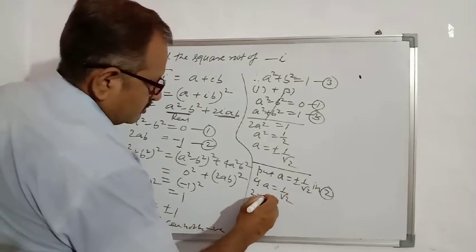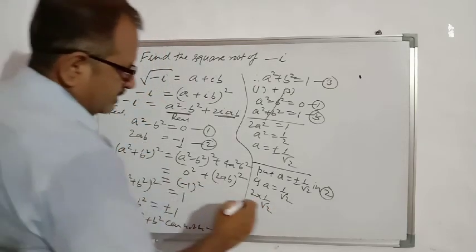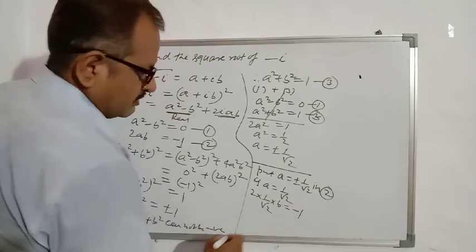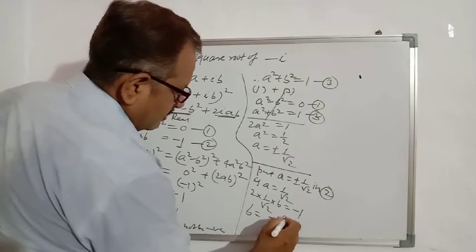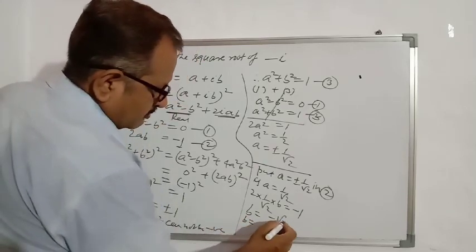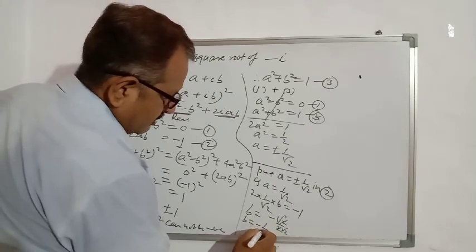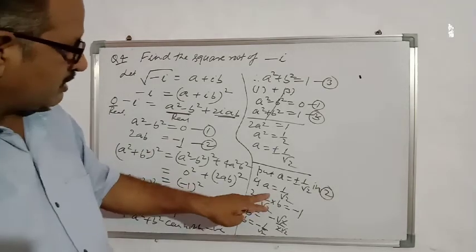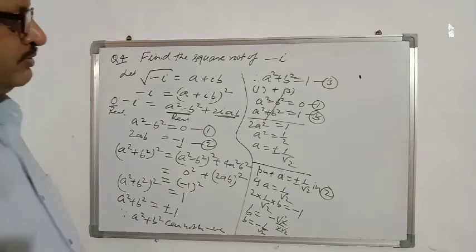So 2 into 1 by root 2 into b is equal to minus 1. What will be b? Cross multiply, minus root 2 upon 2. So we can cancel it, root 2 gives minus 1 by root 2. So if a is equal to 1 by root 2, b is equal to minus 1 by root 2.